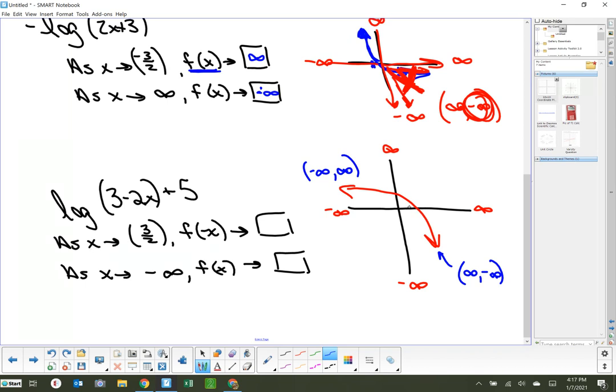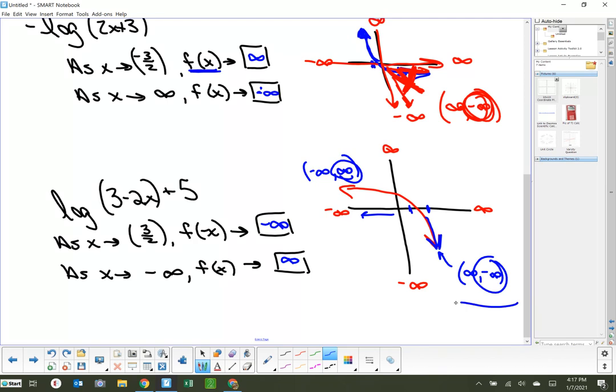Here's the 3/2. We know our y is going down. Okay? As x is going towards negative infinity, then our y is going towards infinity. All right, and if it's easy for you to draw out those pairs, depending on which way your graph is pointing, you can do that.